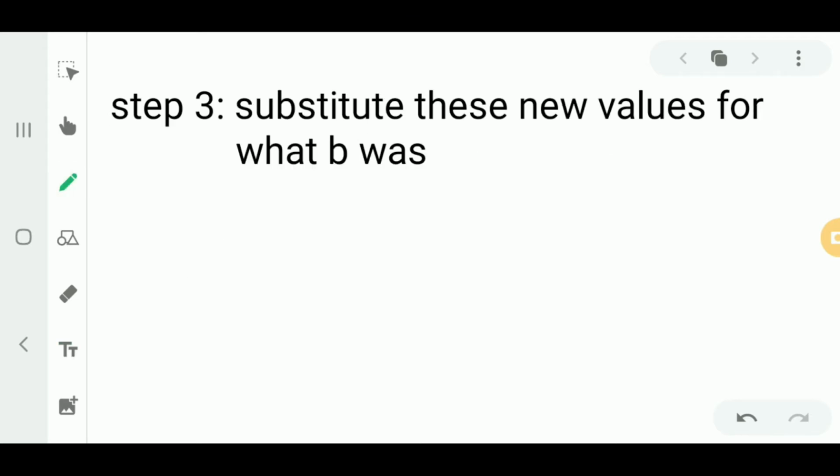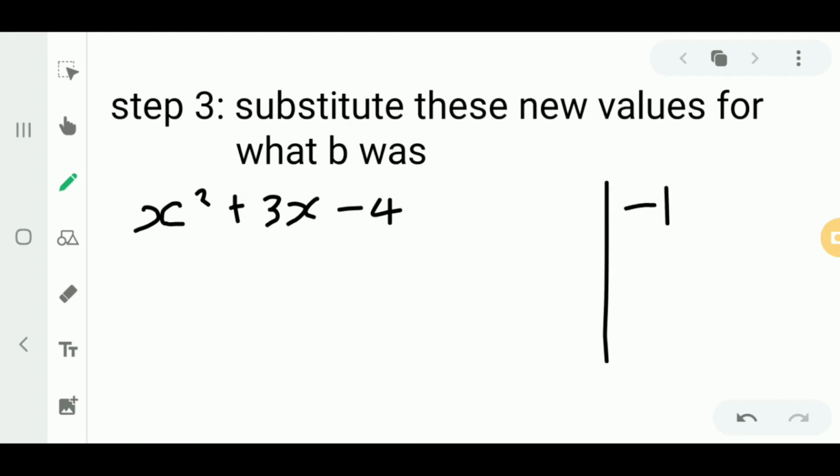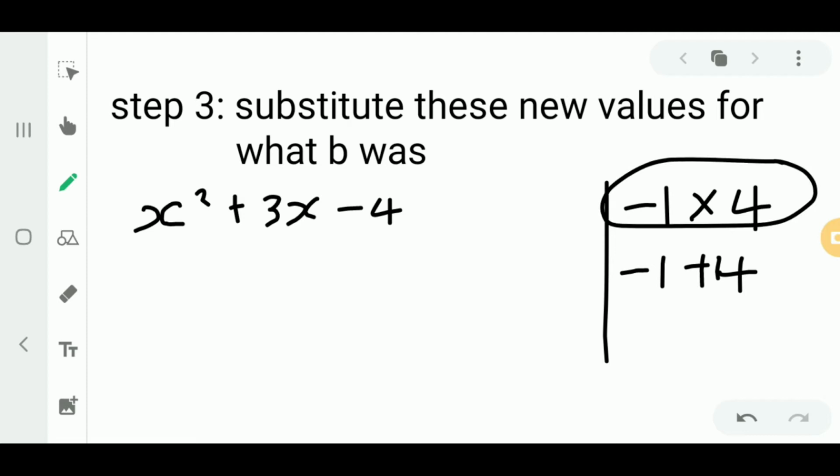Step 3 says, substitute these new values for what b was. Remember, you were given x squared plus 3x minus 4, and we are using minus 1 times 4, which is minus 1 plus 4. So we did the product, and we're ensuring that the sum gives us 3.